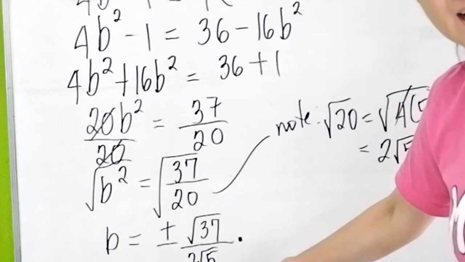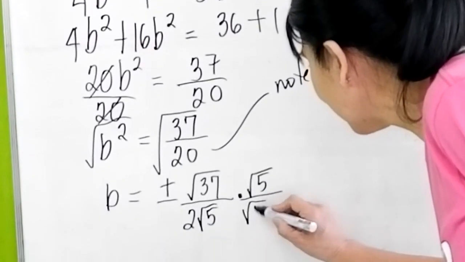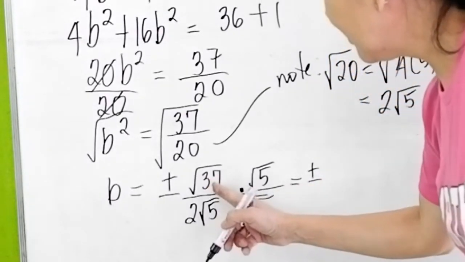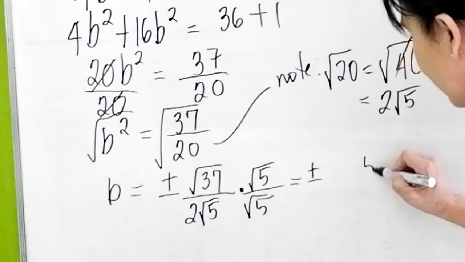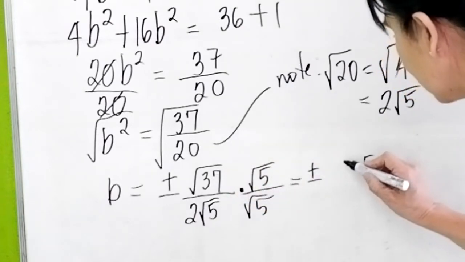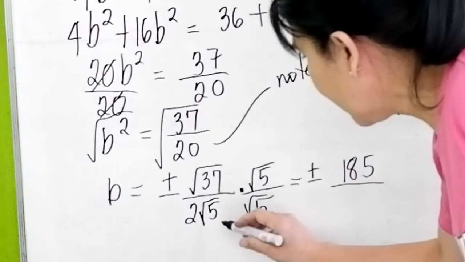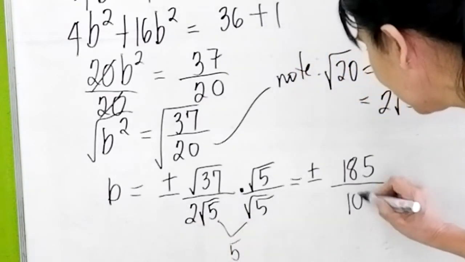We have to rationalize it by multiplying square root of 5 over square root of 5. So this is now plus or minus square root of 37 times 5. 37 times 5, so 7 times 5, 35, carry 3. 5 times 3, 15 plus 3, 18 over square root of 5 times square root of 5 is 5. 5 times 2 is 10.